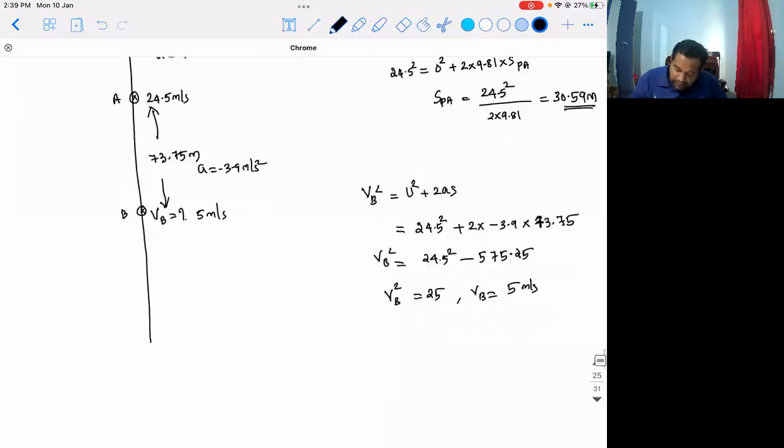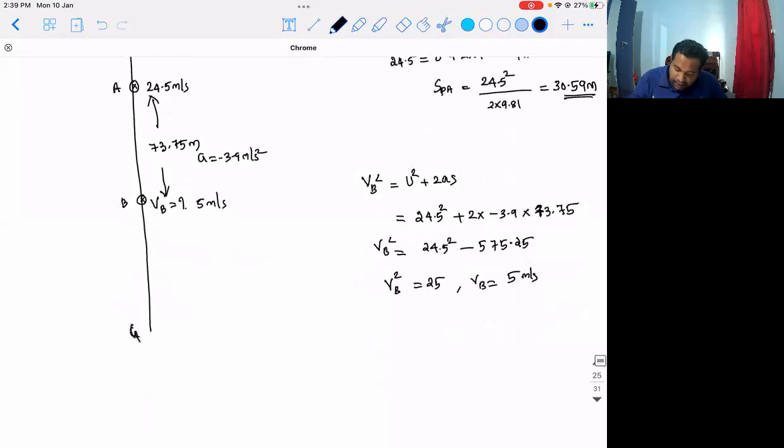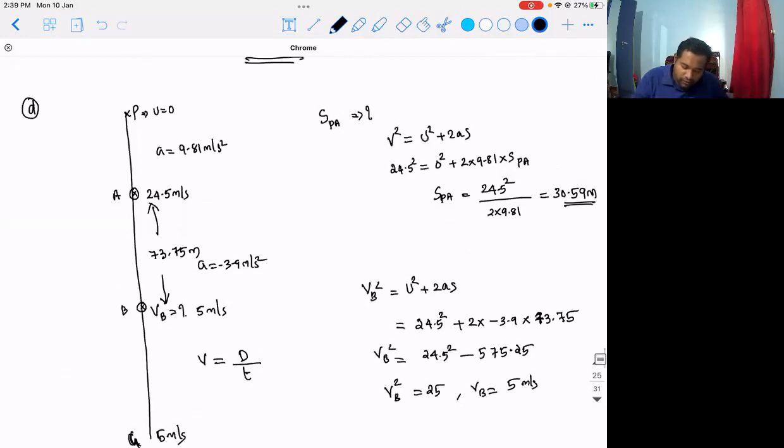So he keeps the same speed up to ground level. Since the speed remains the same, speed is equal to distance by time. Is it possible to find that time? Yes. How? From B to A, he takes 2.5 seconds.